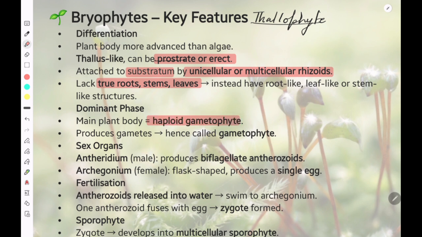The dominant phase of life is haploid, the gametophyte. They produce gametangia. The male sex organ is called antheridium and the female sex organ is called archegonium. Antheridium produces antherozoids, which are biflagellate, meaning they are motile. In archegonium, a single cell is produced that is called the egg.